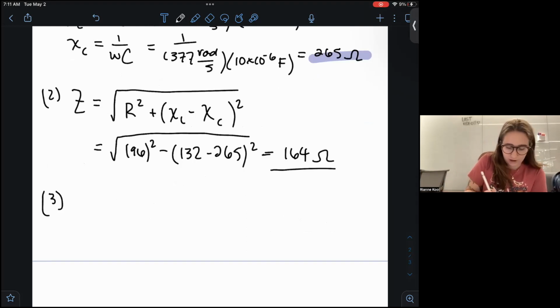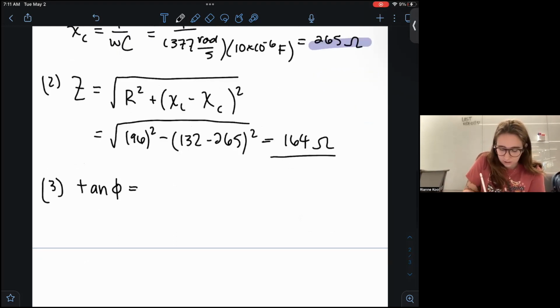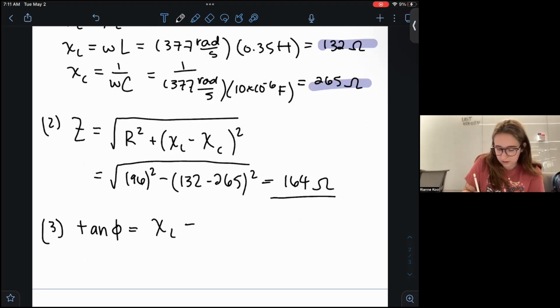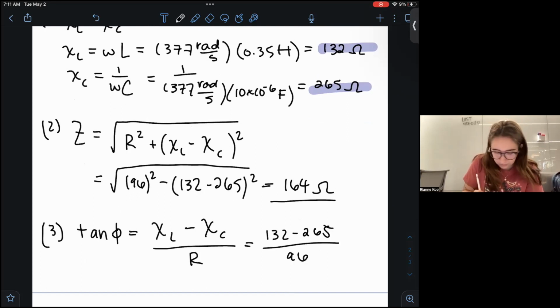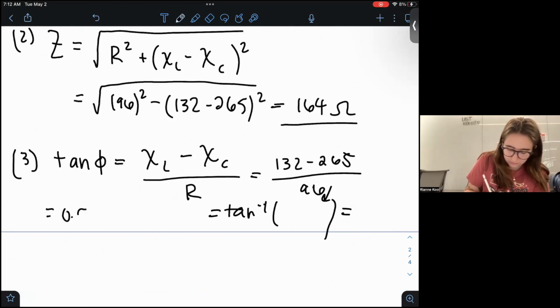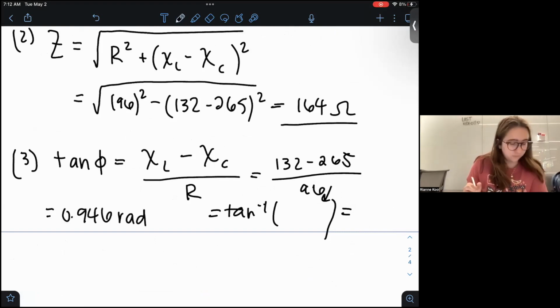So our phase angle phi, so tangent of phi, is defined as chi sub L minus chi sub C over R. So that's 132 minus 265 over 96, which gives us, when we take the tangent inverse of this, we should get 0.946 radians.